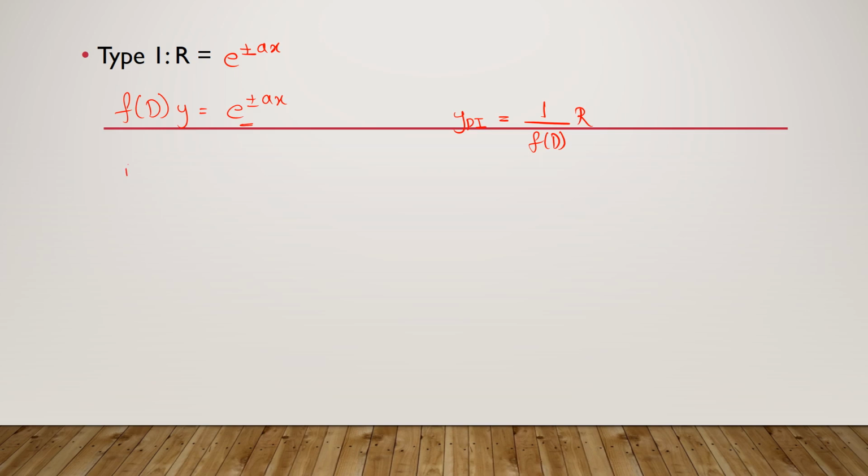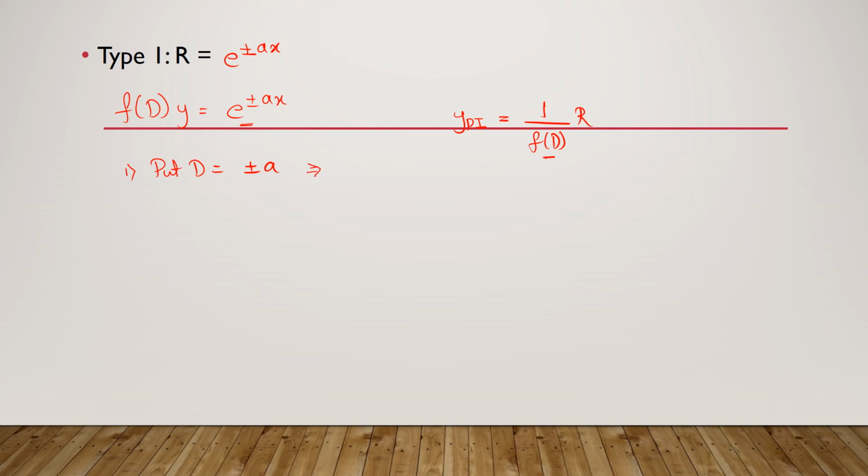First, put D equal to plus or minus a. If we are provided with the function e to the power plus ax, then substitute D equal to plus a. If we are provided with e to the power minus ax, then substitute D equal to minus a, and check whether the denominator is equal to 0 or not.